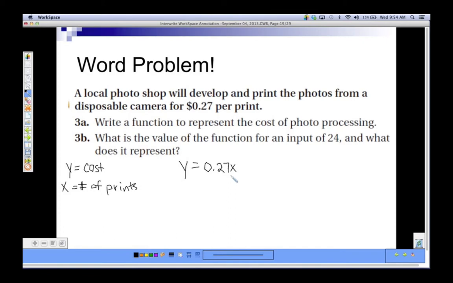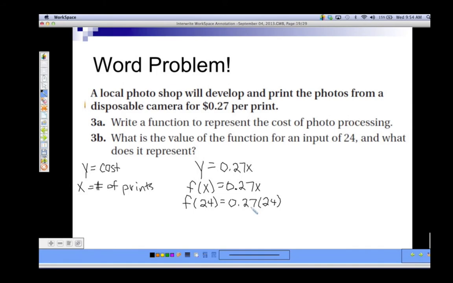What's the value of our function if we put in 24? Well, because this is a function, we know that it's f of x equals 0.27x. So we want to know what is f of 24. So let's slide over to the calculator here real quick. It's not going to let me. Okay. I'm going to grab a calculator.